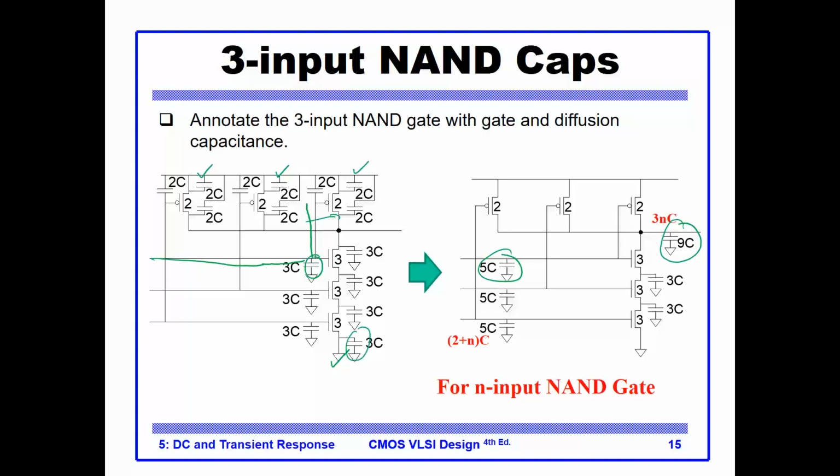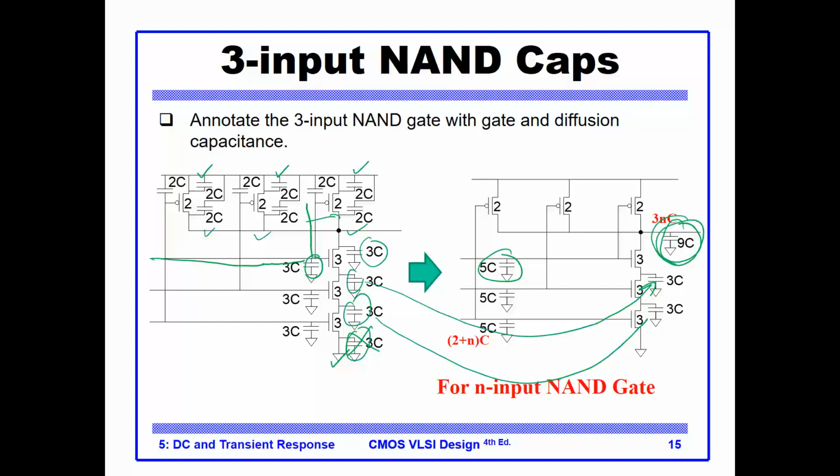Here are the diffusion capacitances. This one goes out, short circuit. This is diffusion capacitance number 1, diffusion capacitance number 2, and from every one I get 2C, 2C, 2C, plus this 3C, I get 9C.